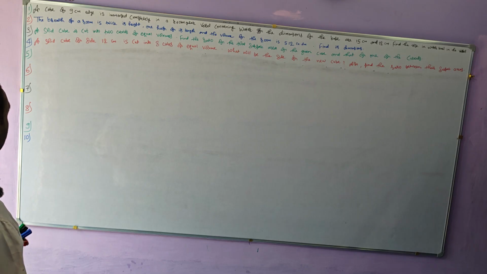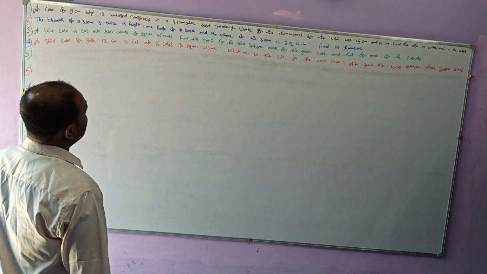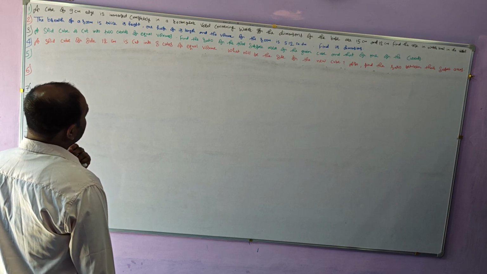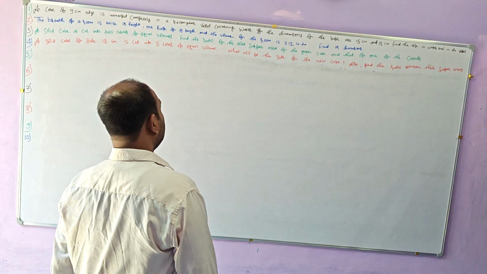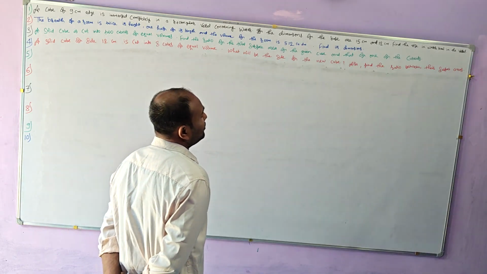So a solid cube of side 12 centimeter, that means edge is 12 centimeter, and we got 8 cubes from this of equal volume. So we need to find out what will be the side of the new cube.